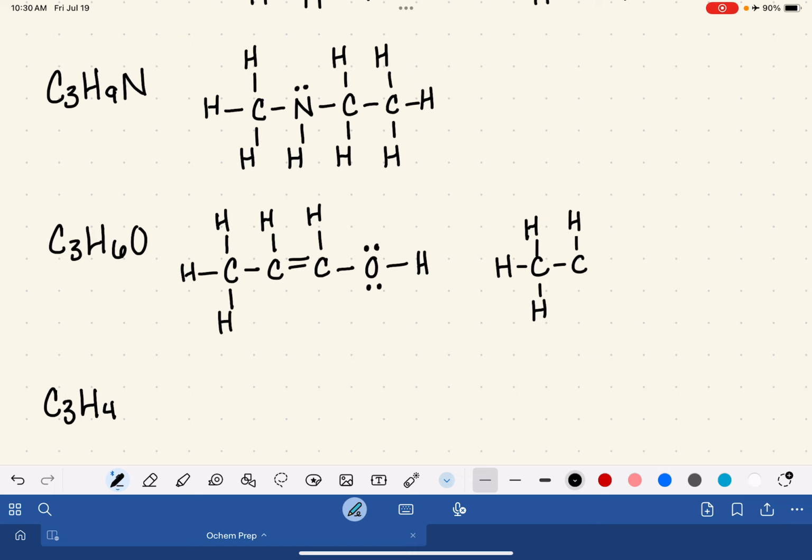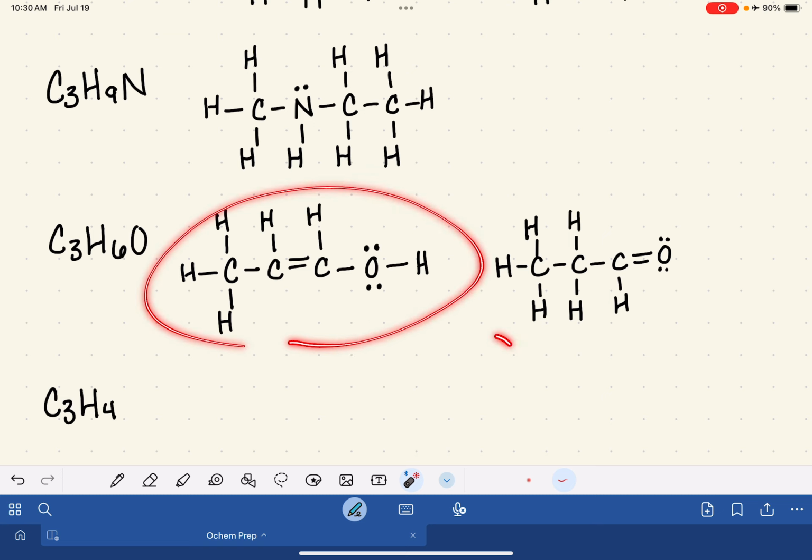So maybe another option we could draw here. See if we could put a double bond there like that. That would have worked as well. 3 carbons, 1 oxygen, 1, 2, 3, 4, 5, 6 hydrogens. So we've got a lot of different options about how we could draw these Lewis structures. And again, when you're actually in organic chemistry, you are going to cover how to know which of these 2 molecules you're supposed to draw.